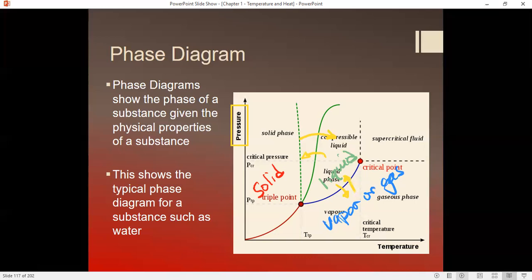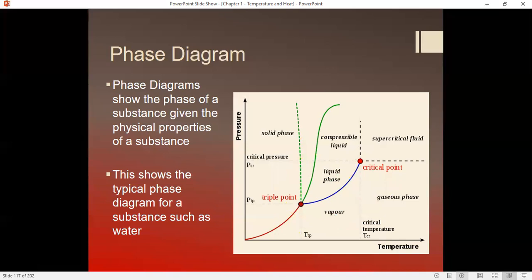We can sublime, which means we go directly from a solid to a vapor or a gas. Carbon dioxide does this. Actually, ice will do this. If you ever put ice in a freezer, you notice it disappears. It does sublime, even without going above the freezing point. And again, frost occurs as we have water vapor go directly into ice.